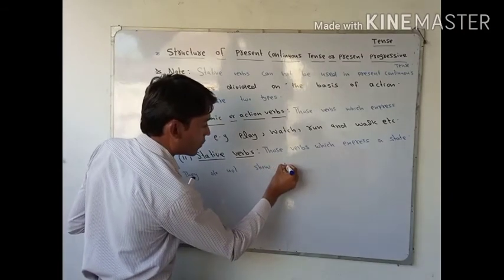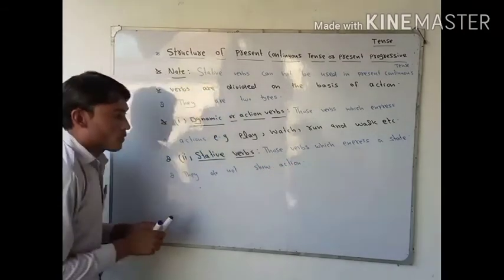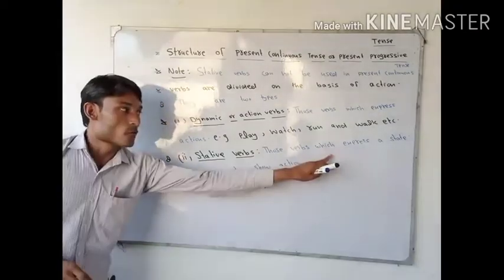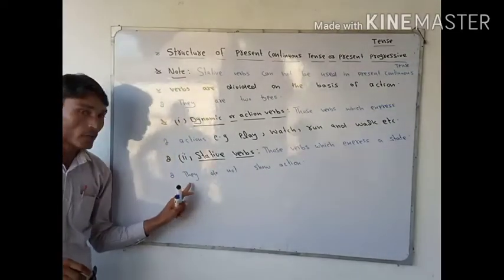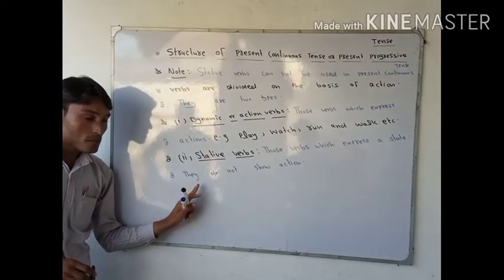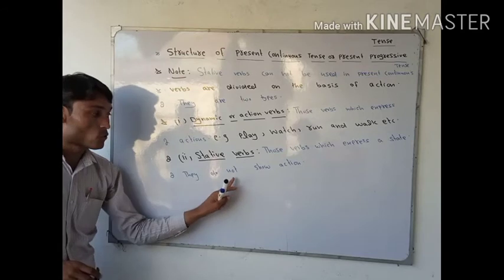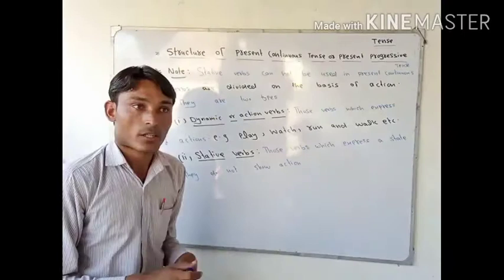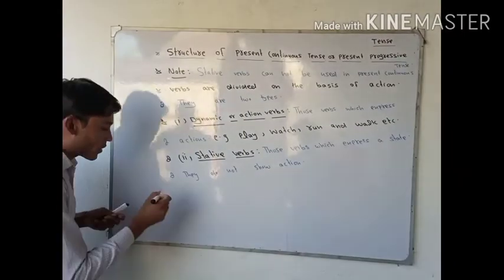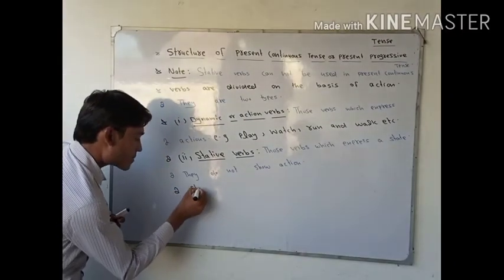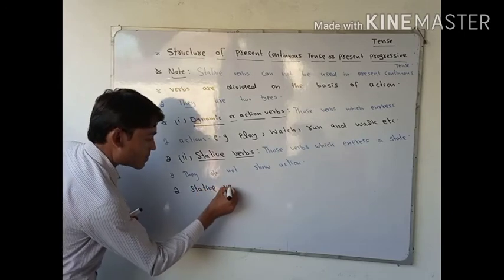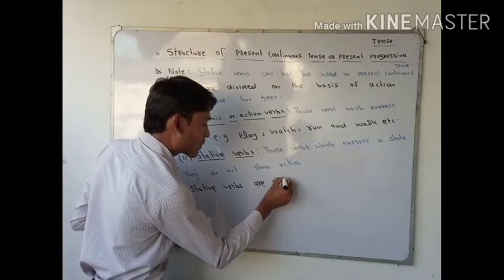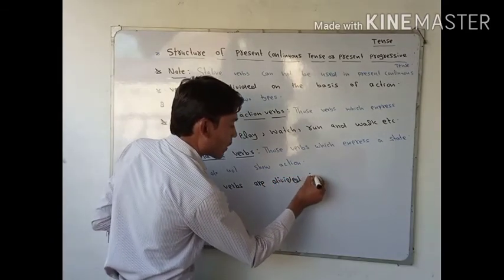Those verbs that do not show action are called stative verbs. Stative verbs are divided into four.